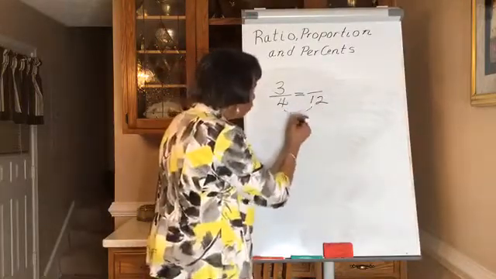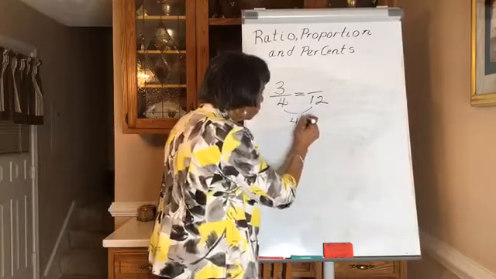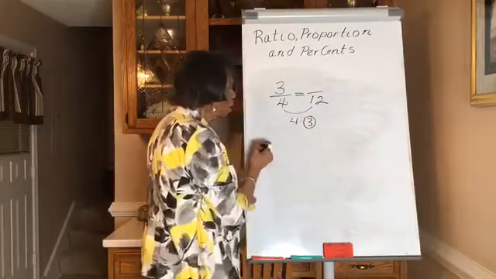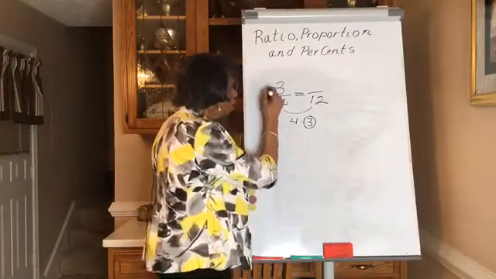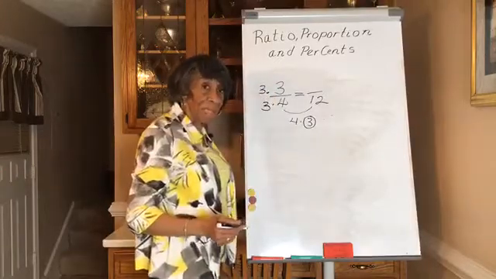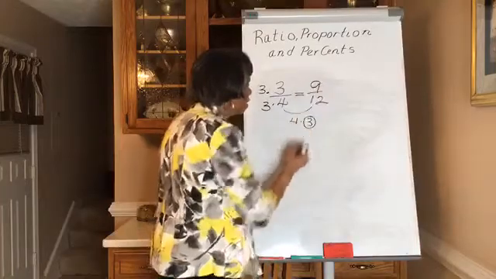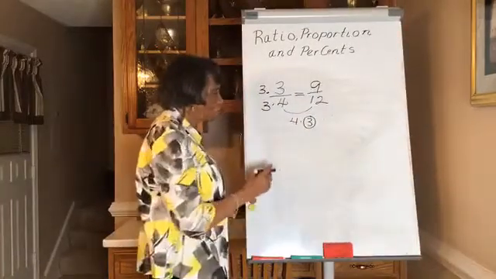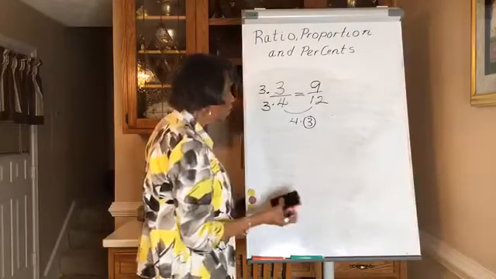So 12 is 4 times 3. So we multiply 4 by 3, and we have to do that to both the numerator and the denominator. So 3 times 3 is 9. So the proportion is 3/4 equals 9/12.